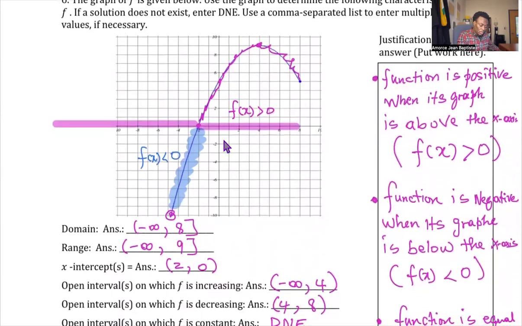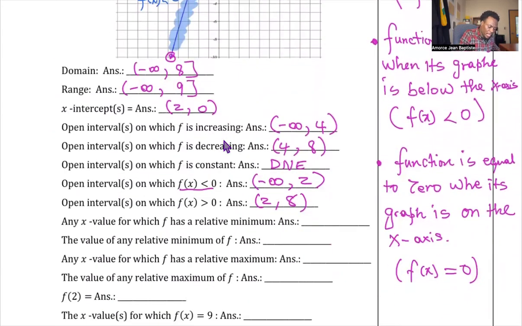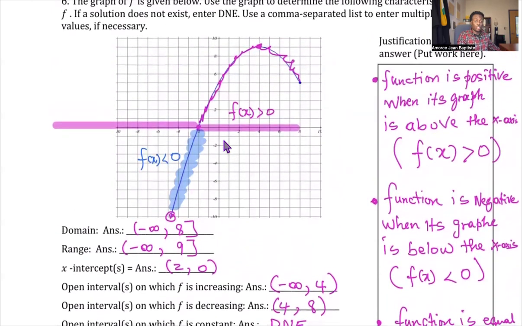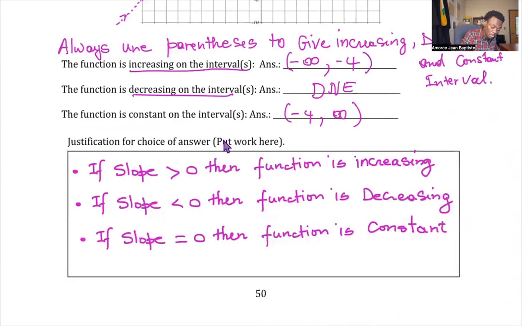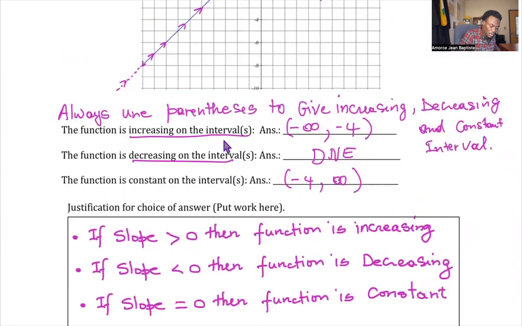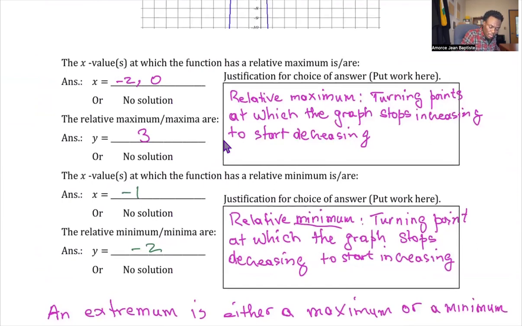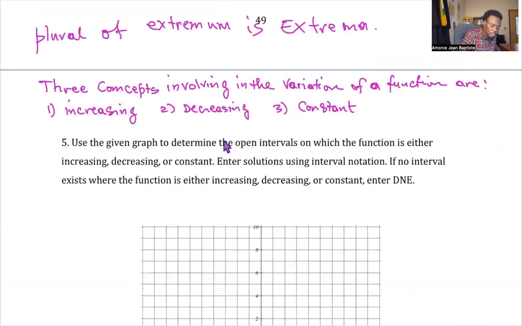Okay. Now what else do they want me to find? They want me to find the x value for which this function has a relative minimum. Well, I have no turning point where the graph stops going down to go up. That's a minimum, right? Remember, a minimum is a turning point at which the graph stops decreasing to increase.